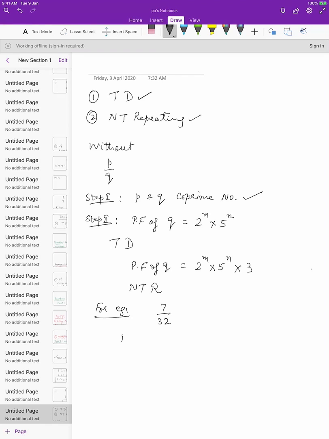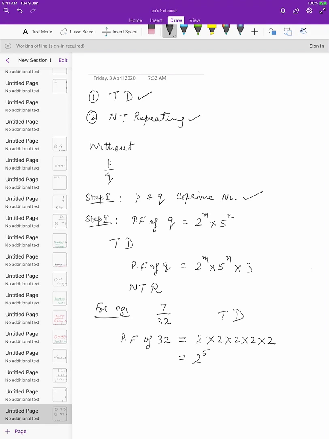Second step is the prime factorization of the denominator, which is 32 in this case, which is equal to 2 into 2 into 2 into 2 into 2. I hope all of you know how to do the prime factorization. So, that gives me 2 raised to the power 5. As the prime factorization of the denominator contains only 2's, we can say it is a terminating decimal.